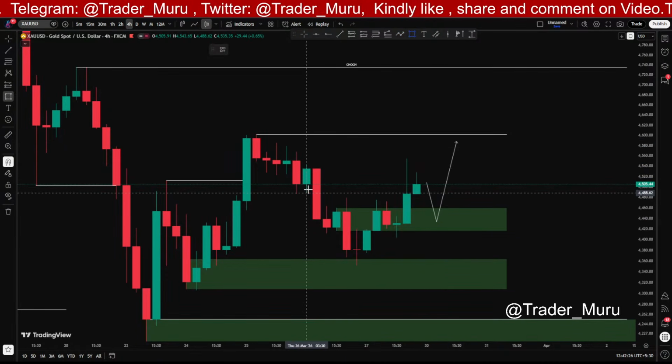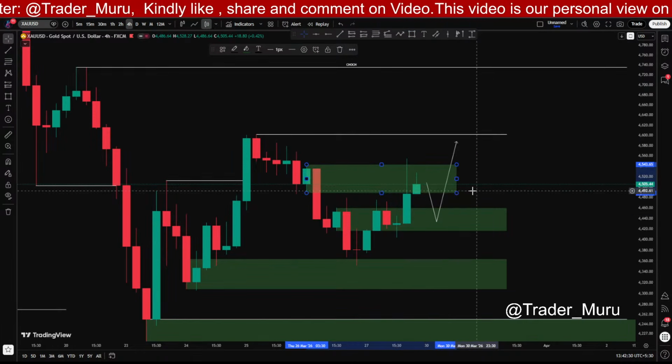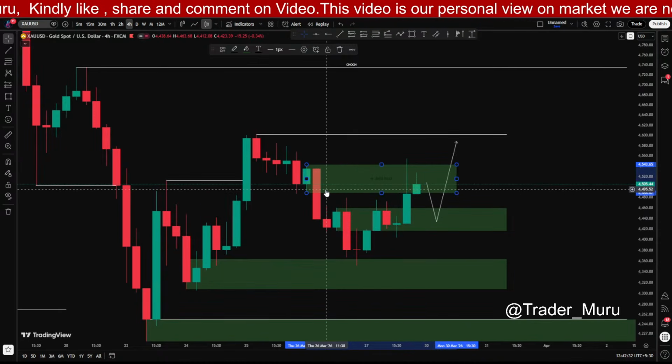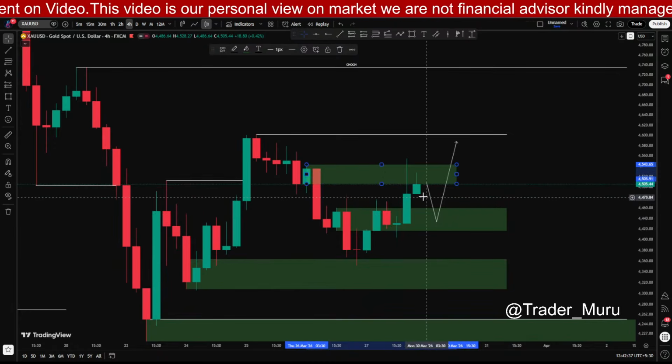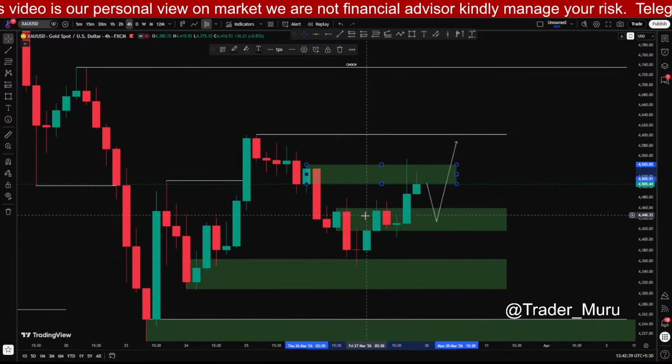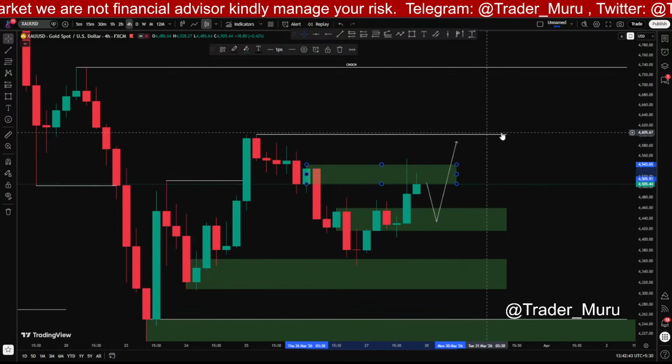Price has supply here and demand below. So a small range will be possible, what can I say, 1 to 2 days. Price can range in between this supply and this demand, then it will break it and continue towards this high.